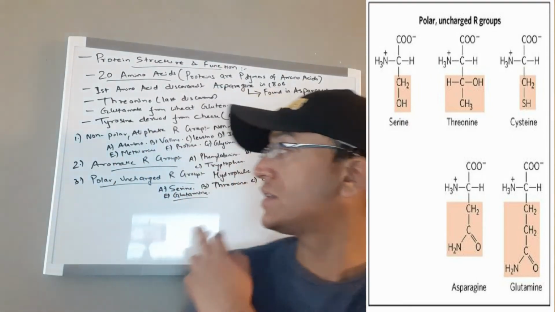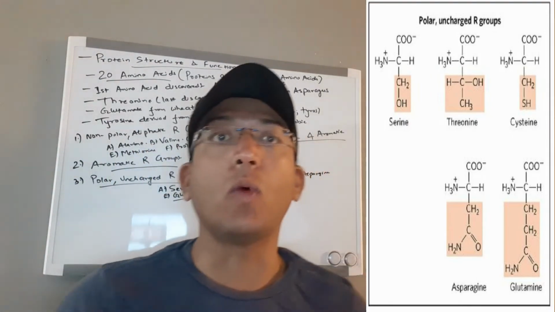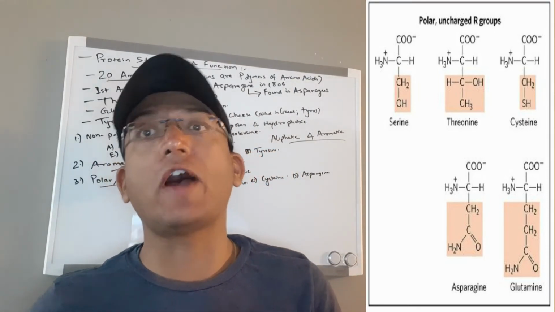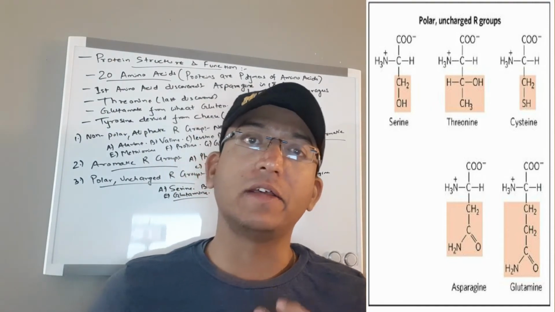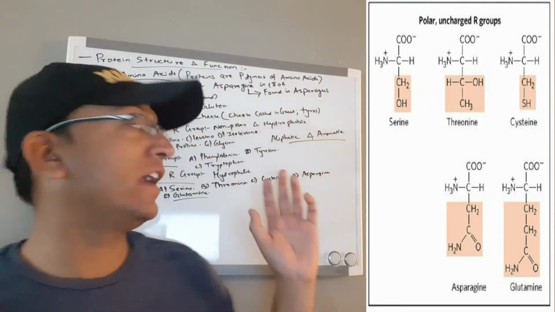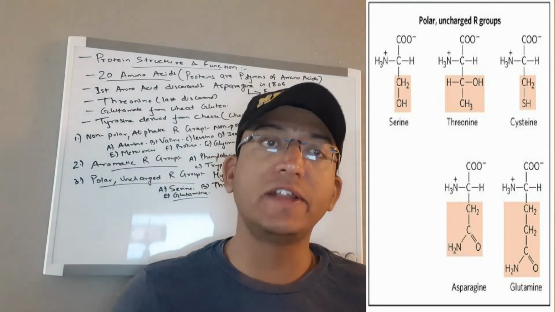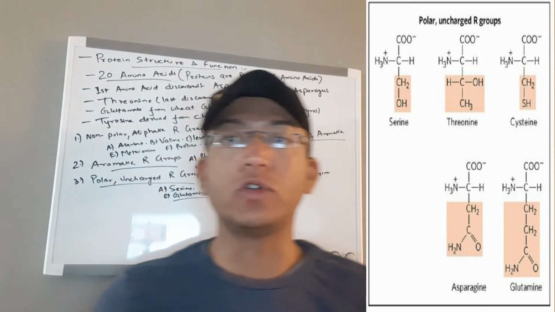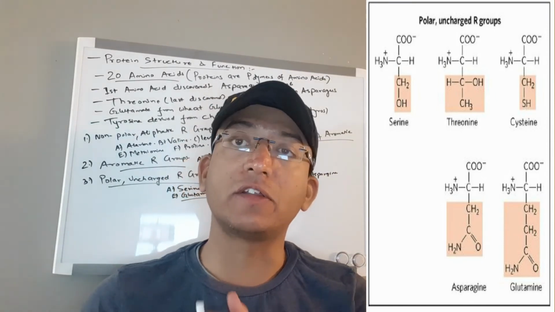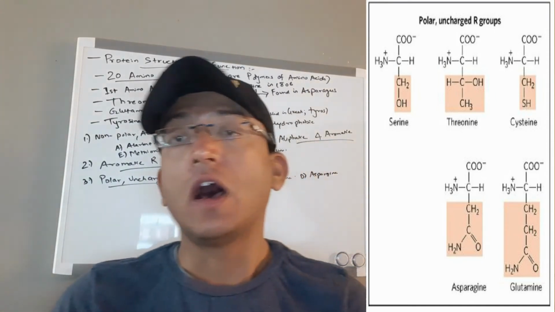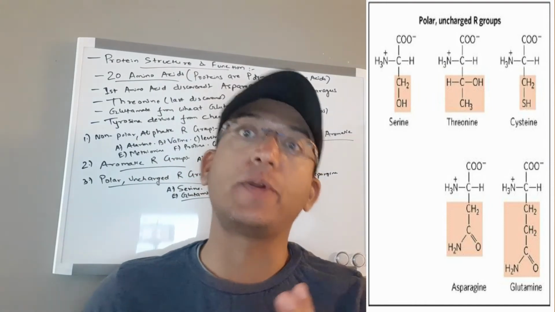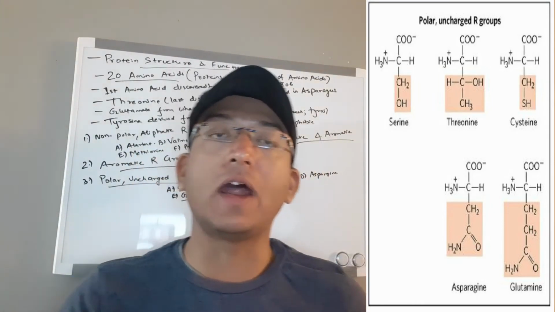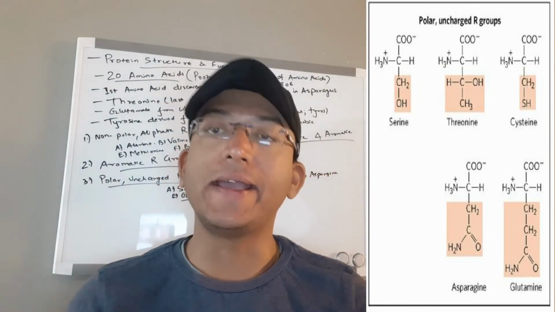Cysteine is here because its polarity is contributed by its sulfhydryl group, so cysteine is really a weak acid, and it can make weak hydrogen bonds with oxygen or nitrogen. Asparagine and glutamine are the amides of two other amino acids also found in protein, aspartate and glutamate respectively, and they are easily hydrolyzed by acid or base.